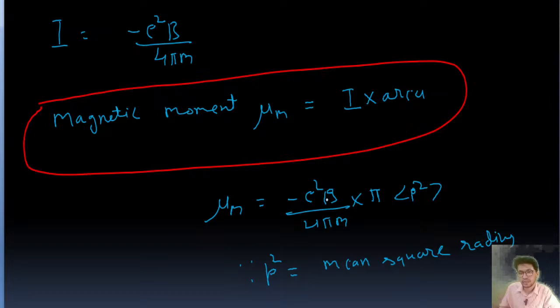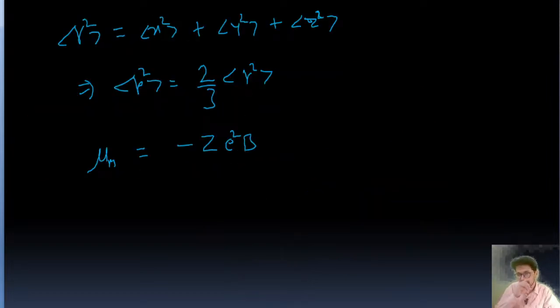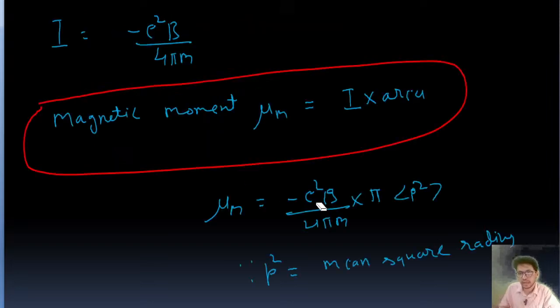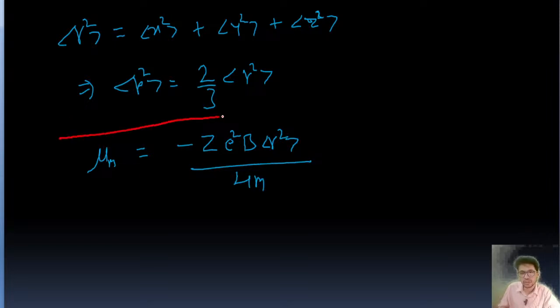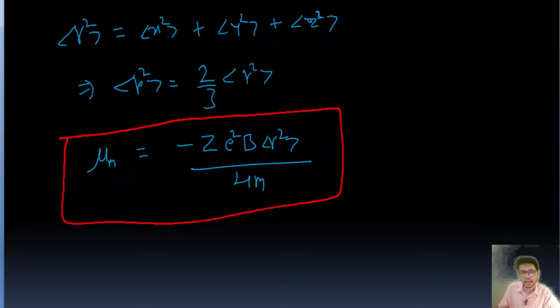For hydrogen atom z equals 1, but for any other atom, in the general case, it is minus z e square b r square average upon 4m. This is an important formula. This is the magnetic moment for diamagnetic material.